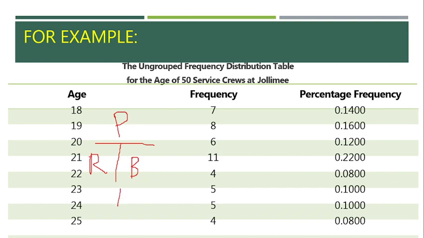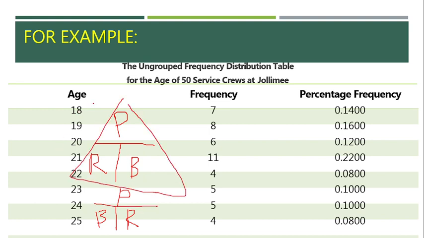Or PBR, either way. In terms of getting the percentage, rate or base, we have this PBR or PRB. When we are finding the percentage, we have a formula of rate and base.